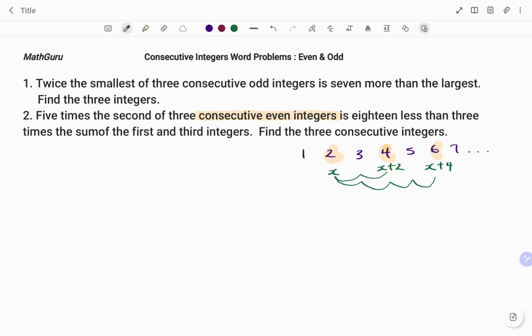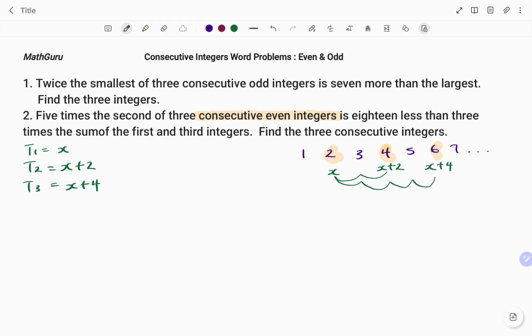So because I have 3 consecutive even numbers, the first number, T1, I call that x. The second number, T2, next position, that's x plus 2, similar to when I was solving the odd integers. And then the third one, T3, equals x plus 4. Going back to the question, it says 5 times the second.